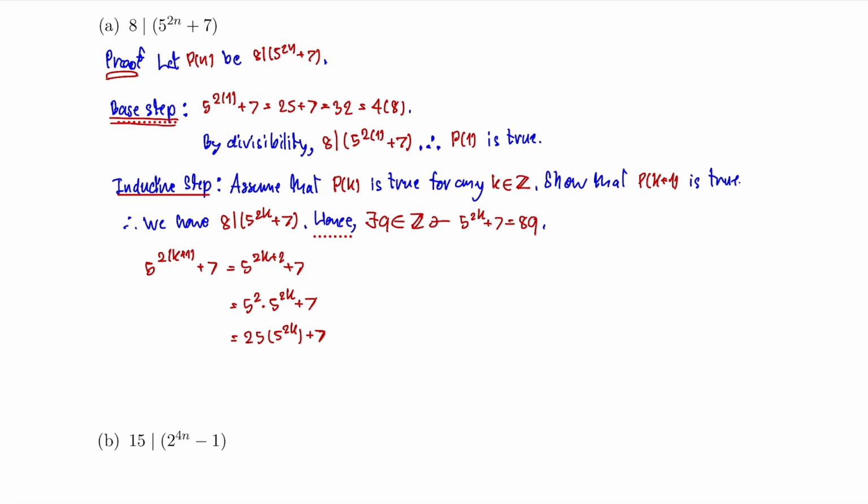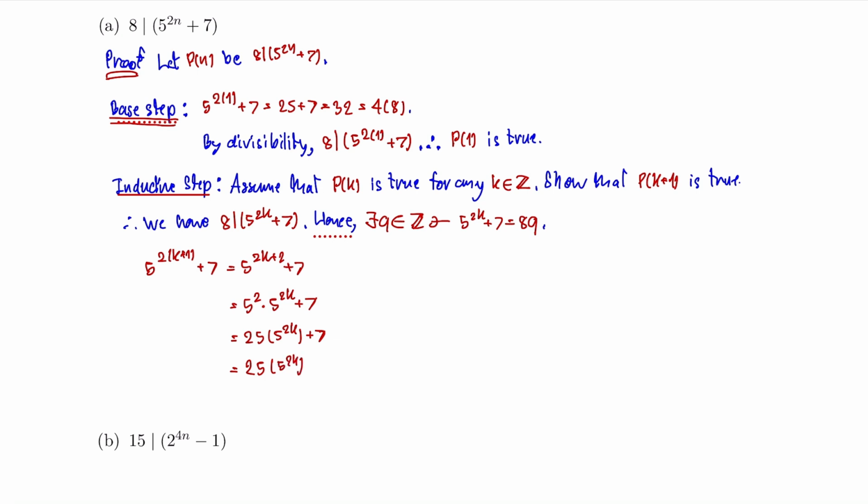So I want to do this. I want to use the number 7 so that I can have the factor of 8. So I've got to add some terms here.